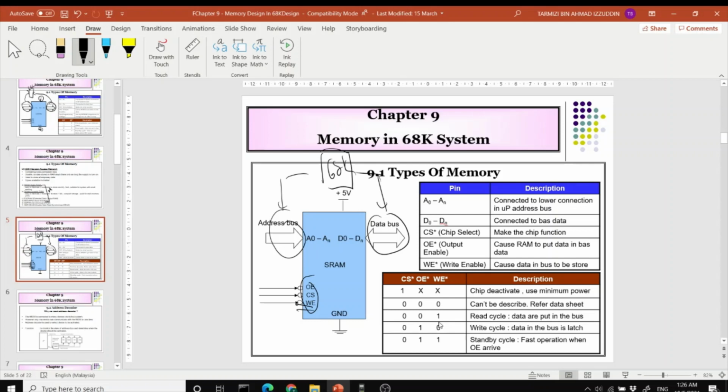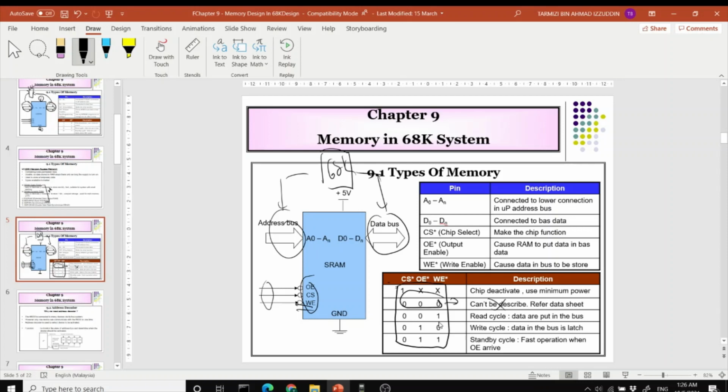Depending on the state of these three pins, we have a truth table that denotes the mode of the memory. For example, if it's in 000 mode, this refers to the datasheet, so neglect this part over here, because depending on the type of chip, this 000 will be different.